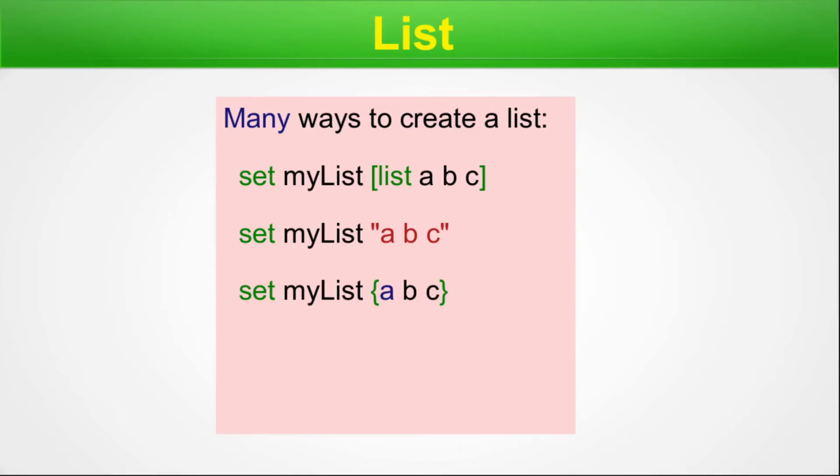The third way we can create it, instead of using the double quotes, is to use the curly bracket here. It will create the same list. Another way is that we can use the dollar symbol when we are using the list procedure.